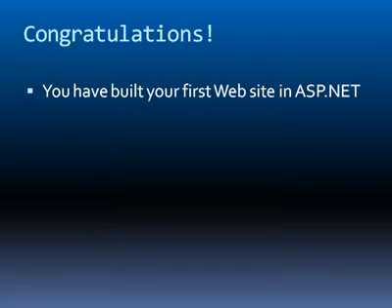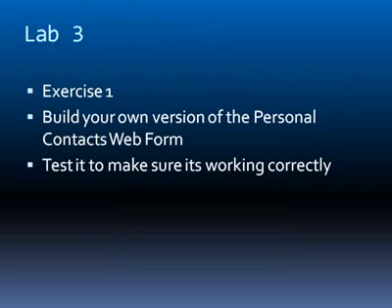So congratulations, you built your first website in ASP.NET. It's not that difficult. It's kind of fun, actually, and you're just going to keep on getting better at this the more you work on it. So what we'd like you to do is take a look at the lab exercise that comes along with this chapter.